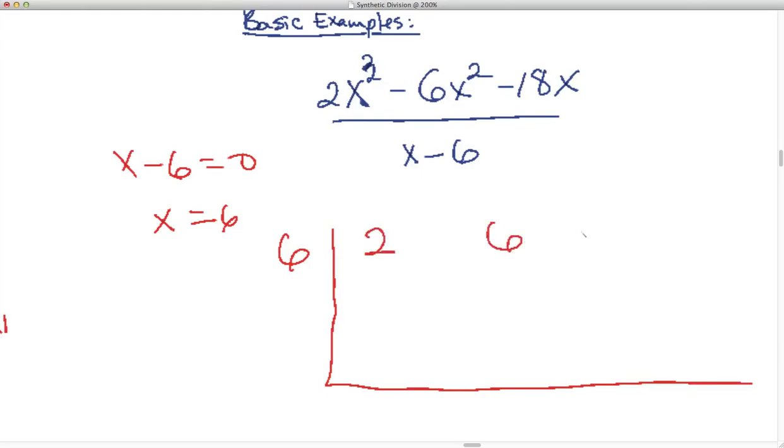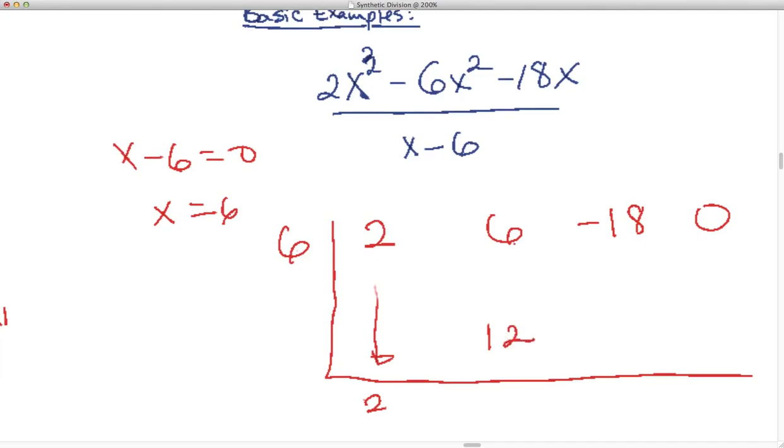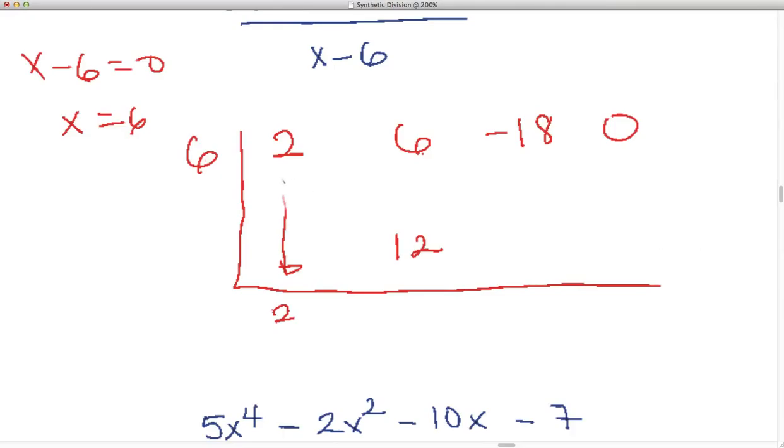The constants are missing, so we would put a 0 for constants. Then we bring down the 2. That one doesn't change. Then we do 6 times 2. That's 12. And then that comes over here, and then you do 6 times 12, and you're going to get a 72 there.